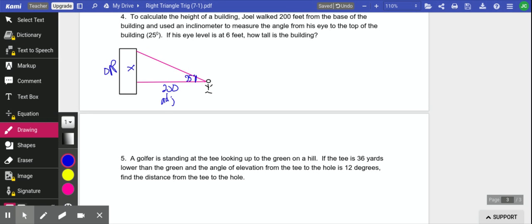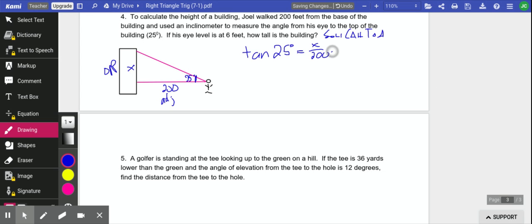So the trig function that has opposite and adjacent, think about your SOHCAHTOA, is tangent. So we're going to be working with tangent. So the tangent of 25 degrees is opposite over adjacent, which is x over 200.